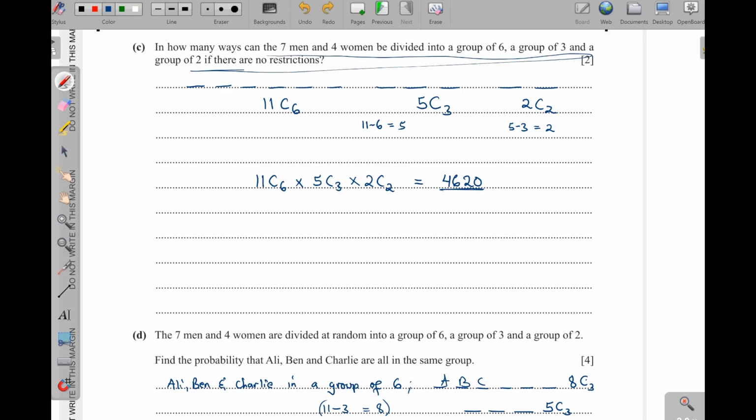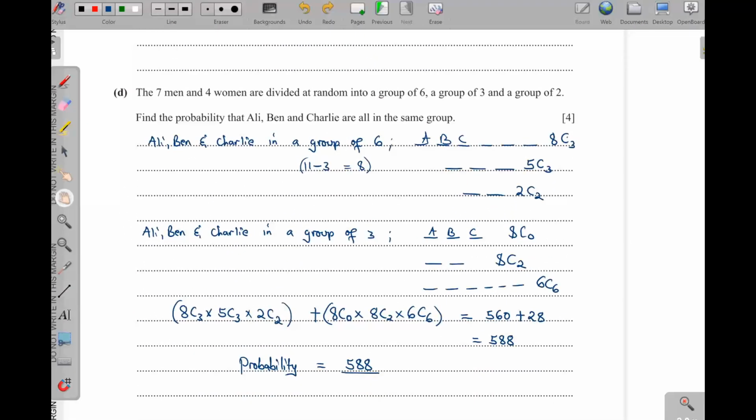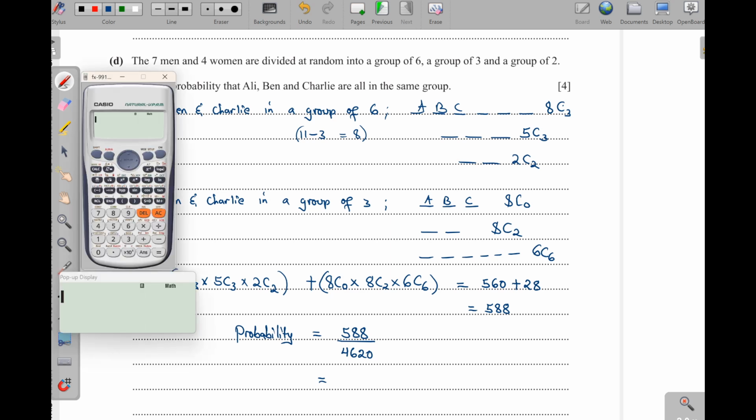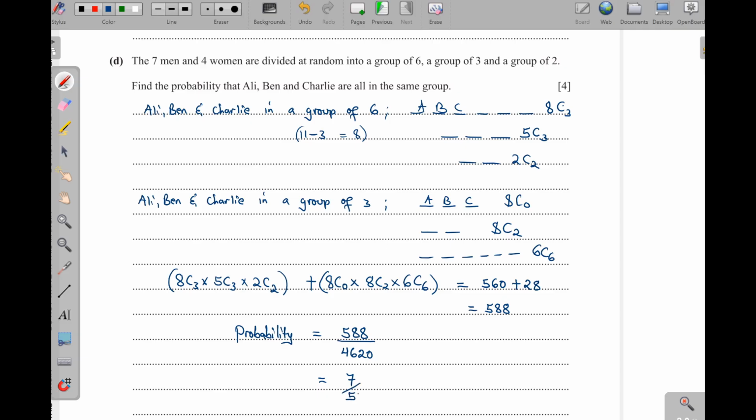In these groups if there are no restrictions. So I will just divide by 4620. Maybe I can write it simplified. What would be then the answer? But even if you leave it as 588 over 4620, they can still give you your answer. So 588 out of 4620, we get 7 out of 55. 7 out of 55. Or you can write it to 3 significant figures.